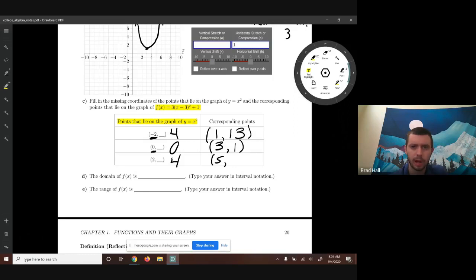And if you plug in 5, that's going to be 13. So the corresponding points, you have to apply any sort of horizontal shift you may have to get those x values. So that's where the 1, the 3, and the 5 come from here.